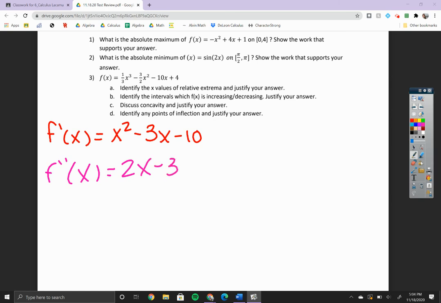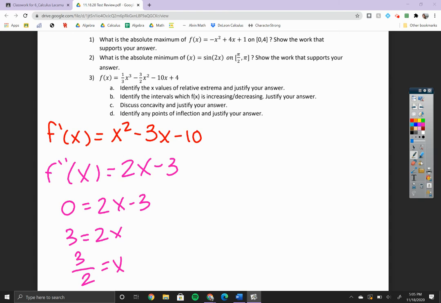And again, this is defined everywhere, so we don't need to worry about that. We just set it equal to 0, which means 3 equals 2x. So 3 over 2 is going to be our possible inflection point here.